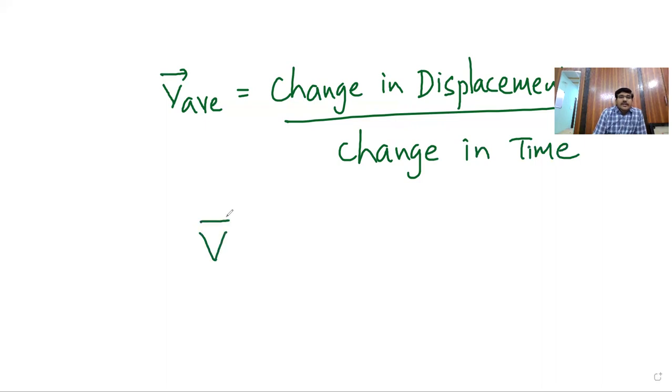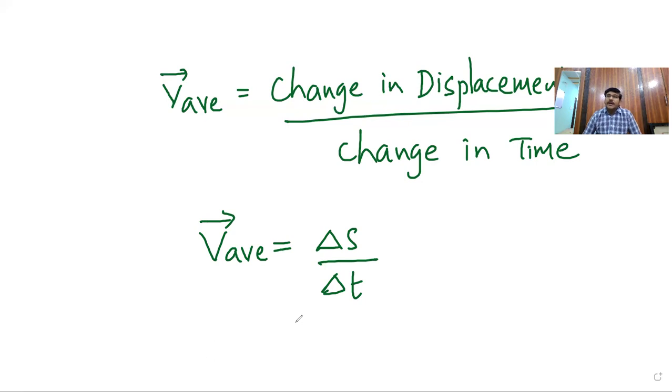Mathematically, it is defined as V average, change in displacement, delta S by delta T. Delta stands for change. S stands for the displacement and T for the time. Delta S, change in displacement, by delta T, change in the time.